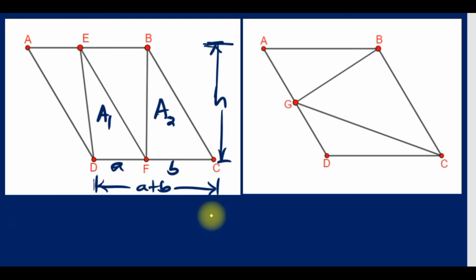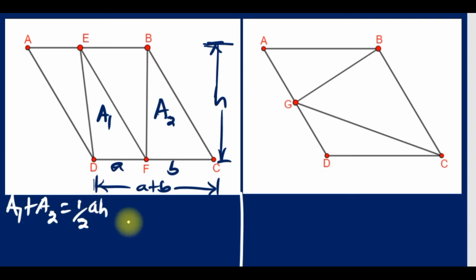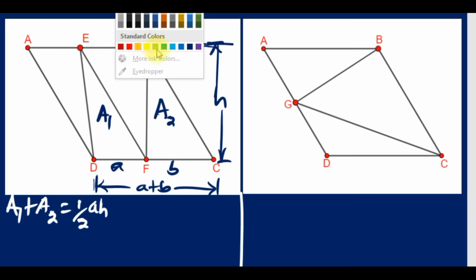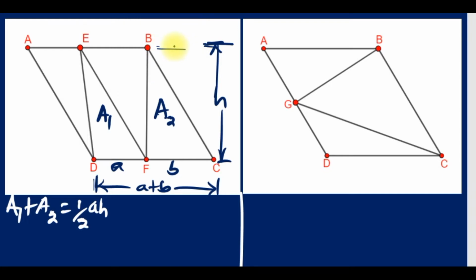A1 plus A2: for a triangle, the area is half base times height, so we have half A times H. Remember, they are drawn from the same point, so the two triangles will have the same height but different bases.